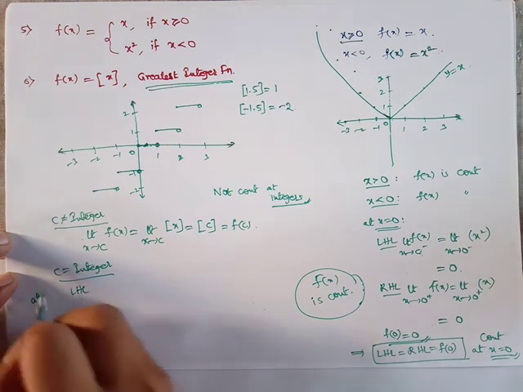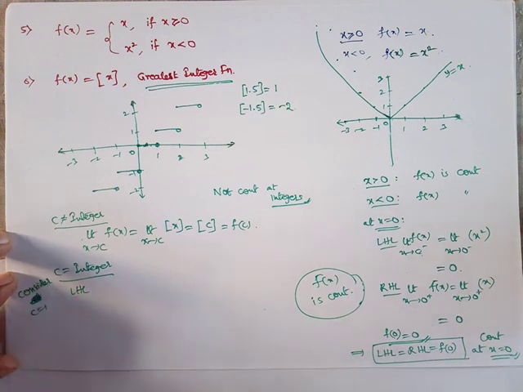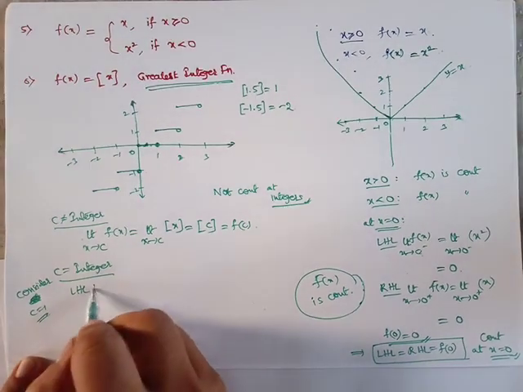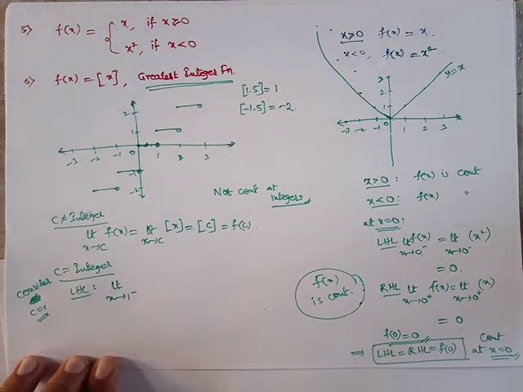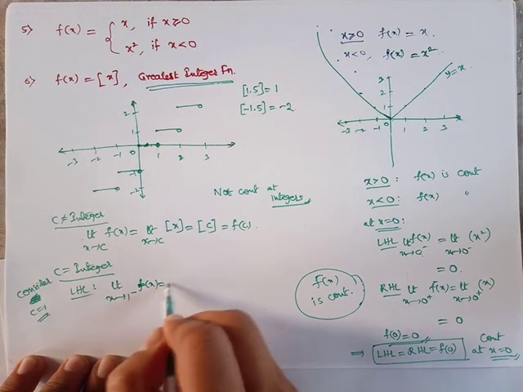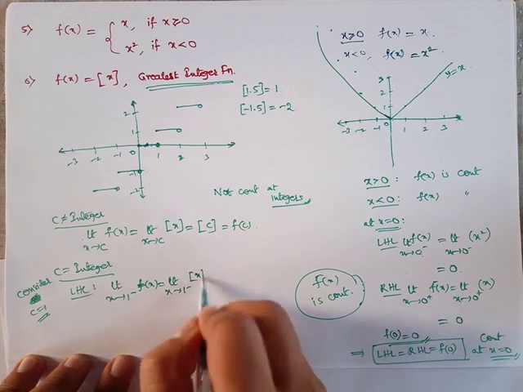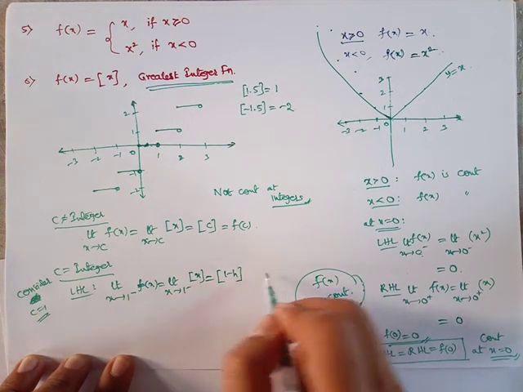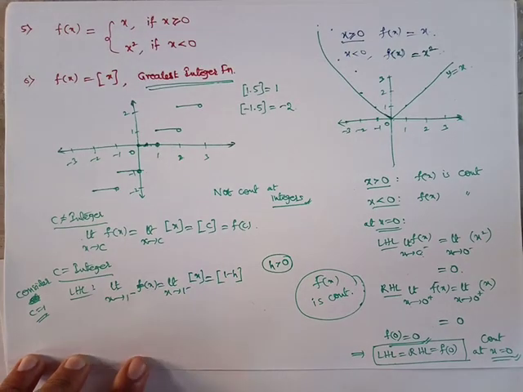So I am taking c is equal to 1. Limit x tends to 1 minus, lesser than 1 you are considering, of f of x is nothing but step x, so it can be taken as 1 minus h, as h is some positive quantity subtracted from 1.